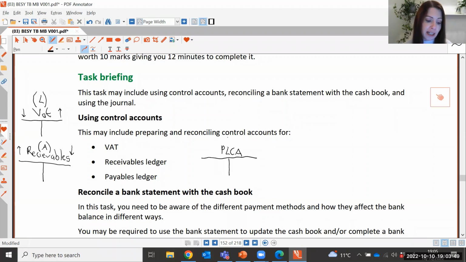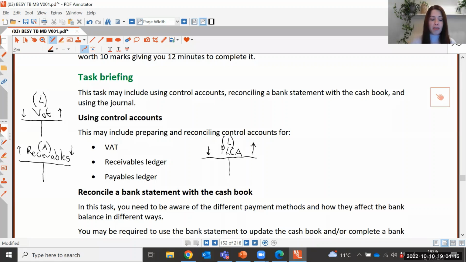The payables ledger control account is a liability because it's our credit suppliers. So when the company purchases goods on credit, it increases our liability, so it's entered onto the credit side of the account. Anything that decreases it would be entered onto the debit side of the account.